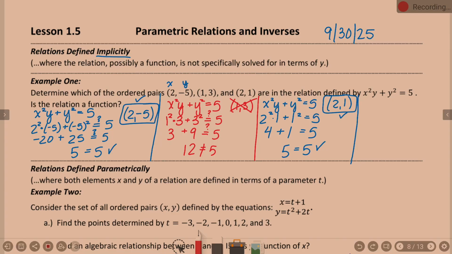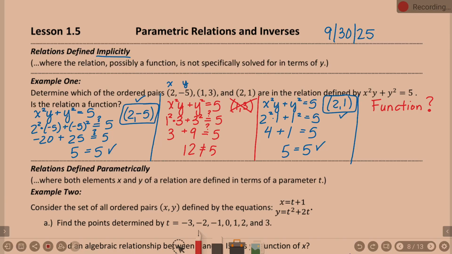Now, the other question. Is the relation a function? That is the other question we have to ask. Is the relation a function? No. Why not? Because the x parts are both the twos, so it repeats.